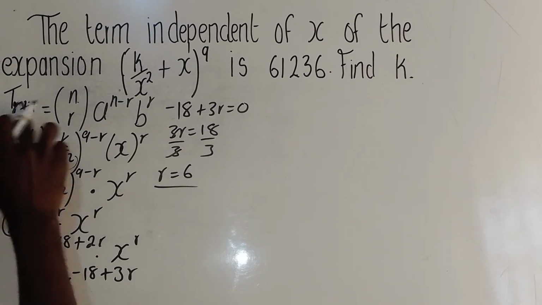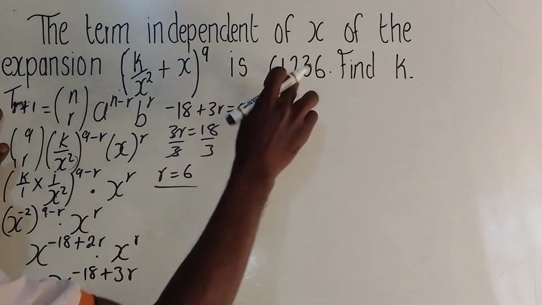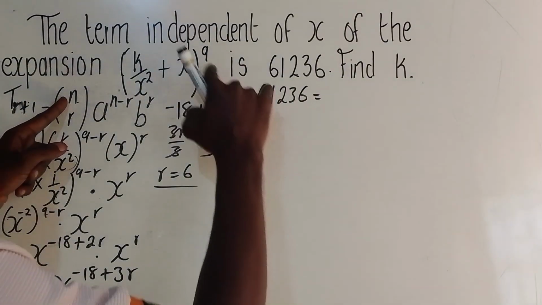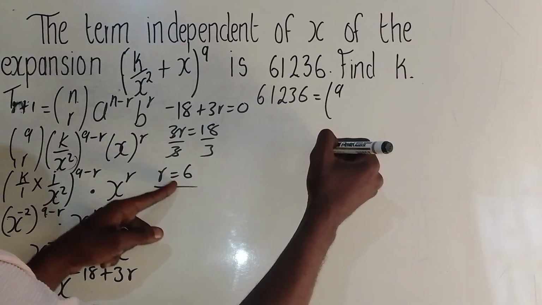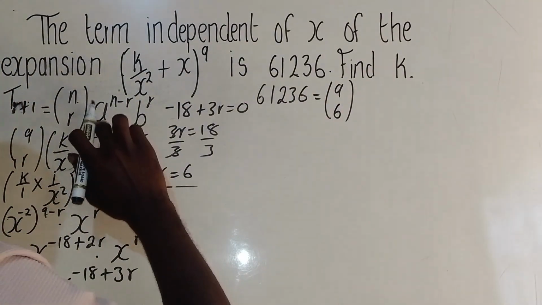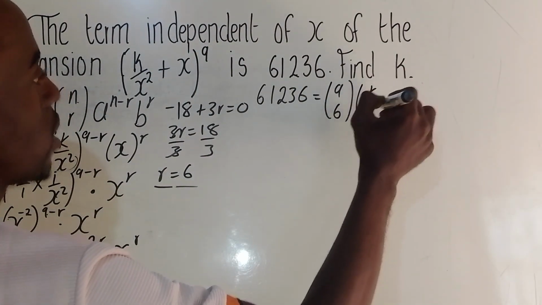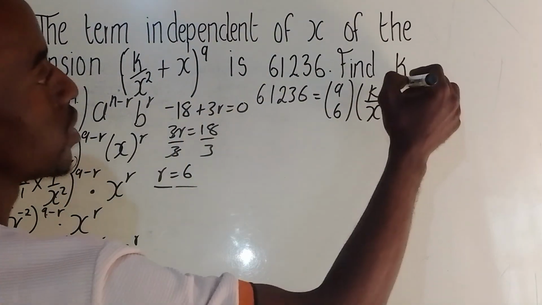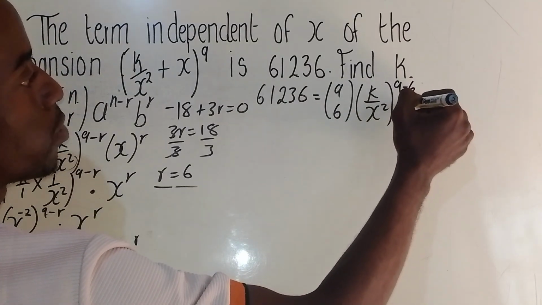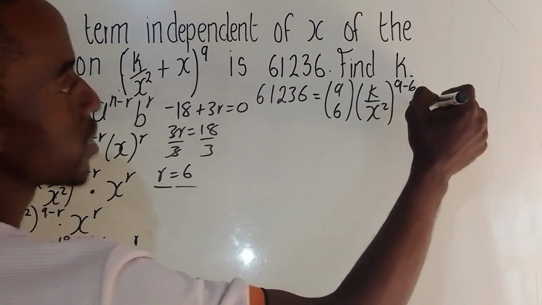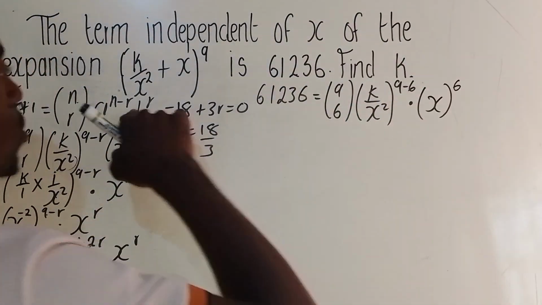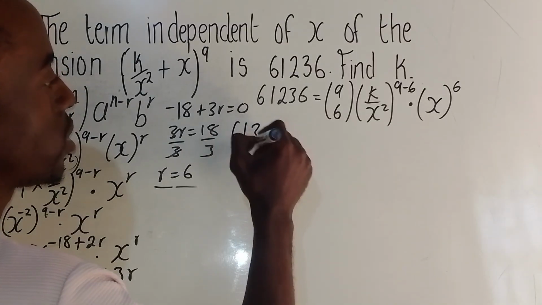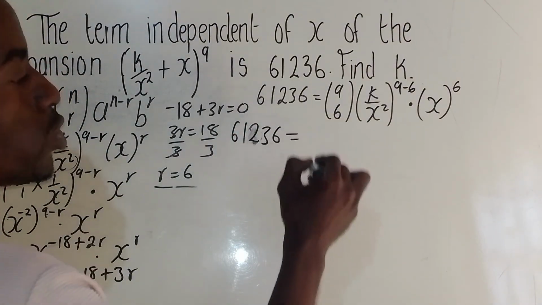Here where there is T_(r+1), we put T_7, so it is now T_7 equal to, where there is n you put 9, and r we put 6, and where there is a you put k over x squared, and then 9 minus 6, dot product, and for b there is x to the power 6, because r is 6. Next step, it is 9C6 times k over x squared to the power 3, times x to the power 6.